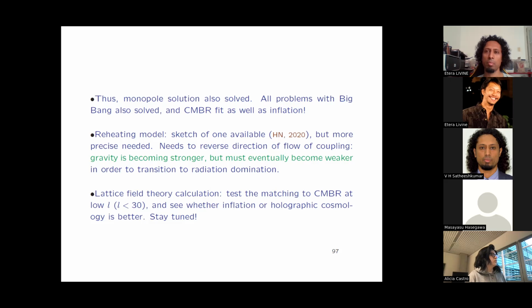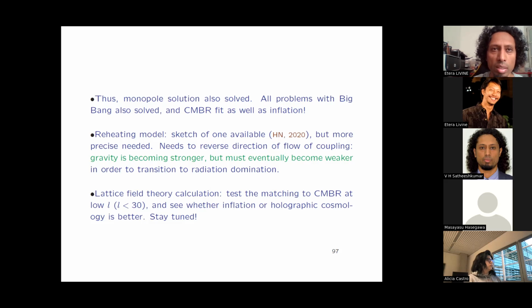This is an extension of the paradigm into the strongly coupled regime, so you are now in a different parametric regime, and maybe you could find deviations, but the deviations are actually not big. Anything that you solve with inflation, you can solve with holographic cosmology.